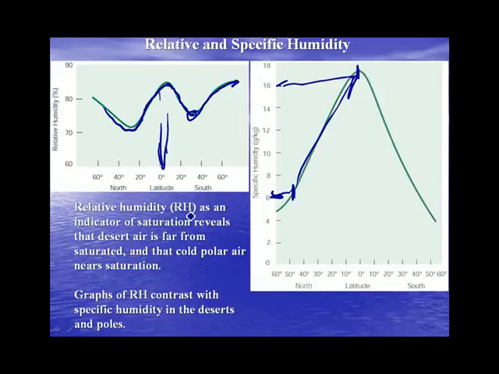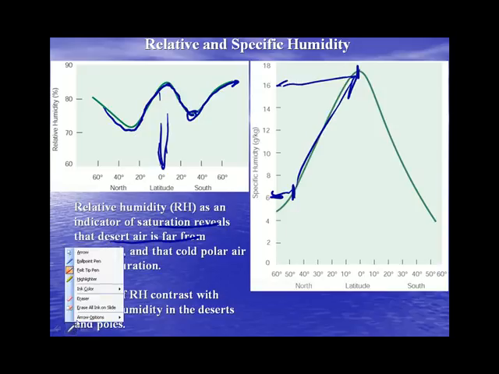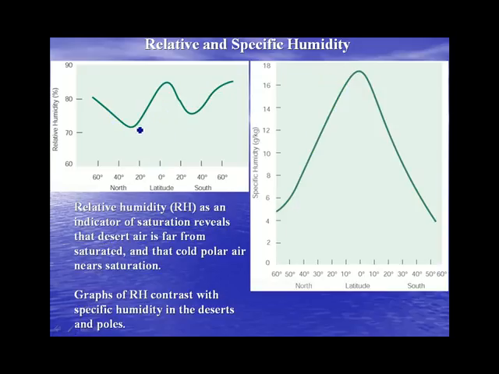So, relative humidity is an indication of saturation. It reveals that the desert air is far from saturated. Most of the world's major deserts, like I said, are located at 30 degrees. And we can see that the relative humidity at 30 degrees north is a minimum, and the relative humidity at 30 degrees south is also a minimum.